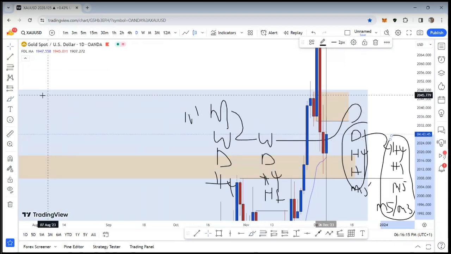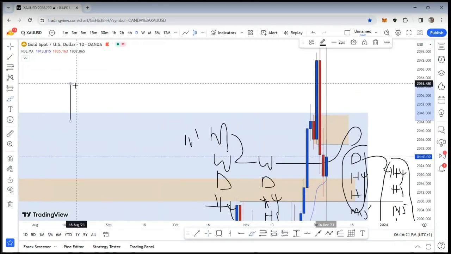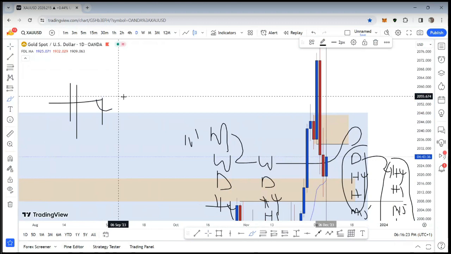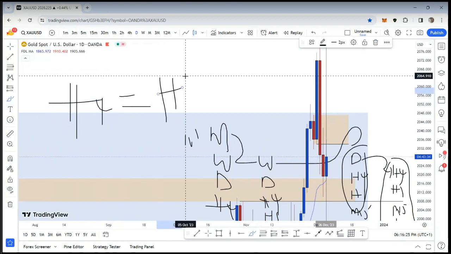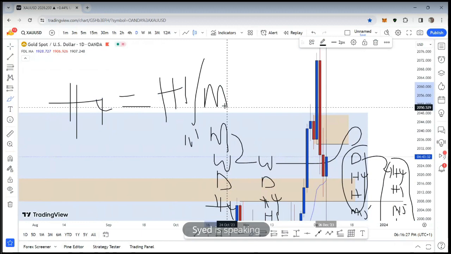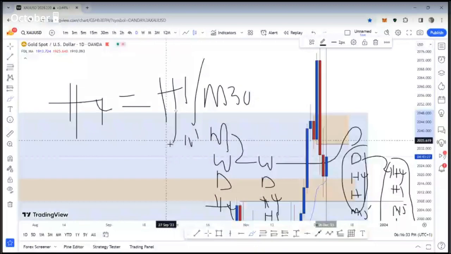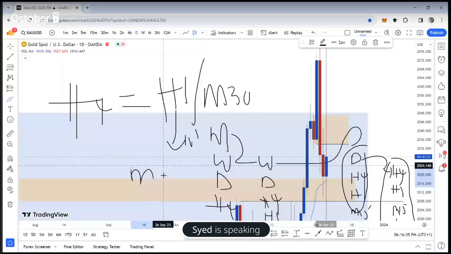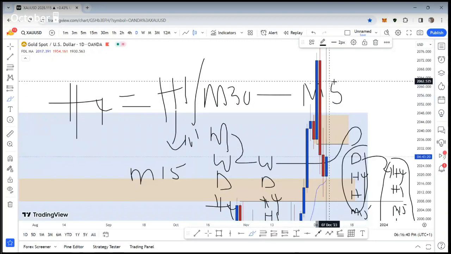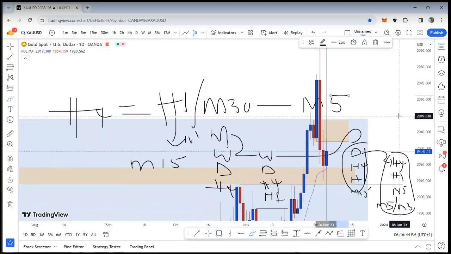H4 equals H1 slash M30. Yes. Now, for H1, we use M15. For M30, we use M5. Is that clear?